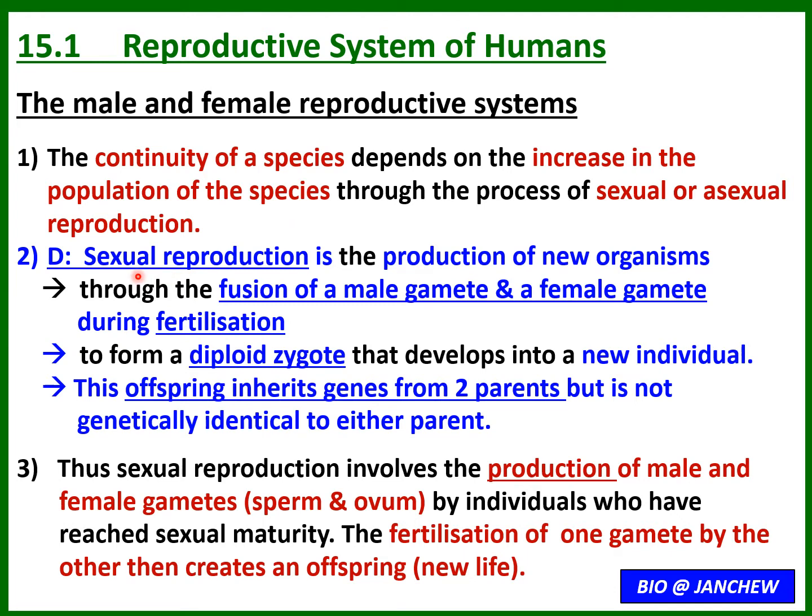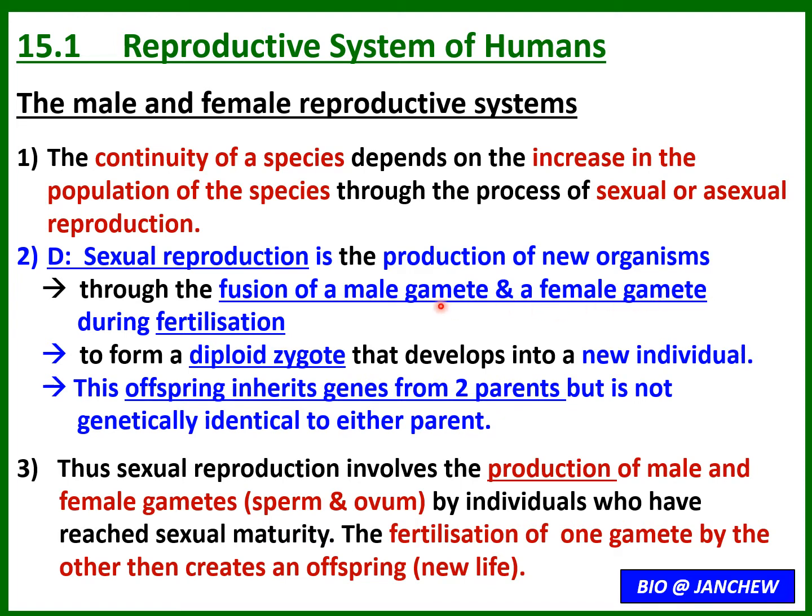So what is the definition for sexual reproduction? Sexual reproduction is the production of new organisms, that is the offspring, through the fusion of a male gamete and a female gamete. That means the male gamete, such as the sperm, fuses or combines with the female gamete, such as the ovum, especially the nucleus.